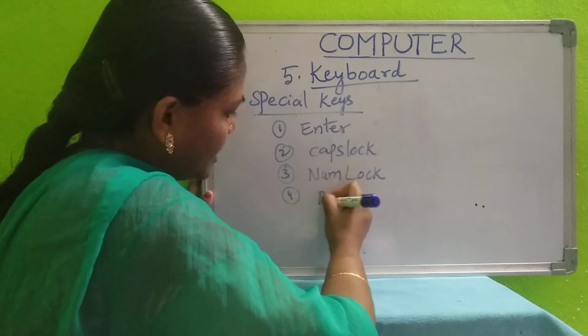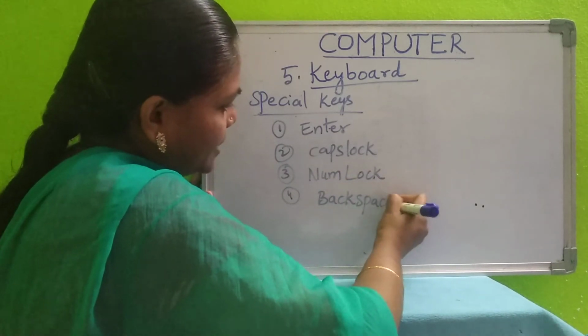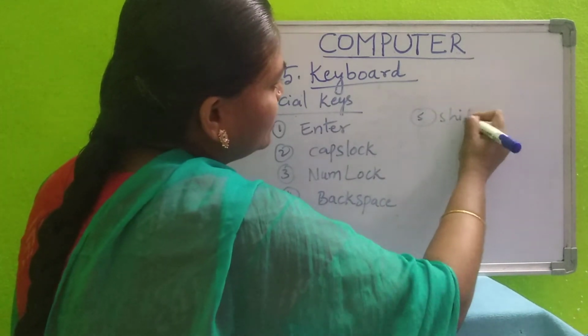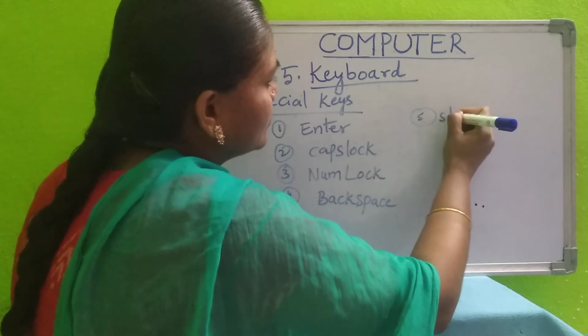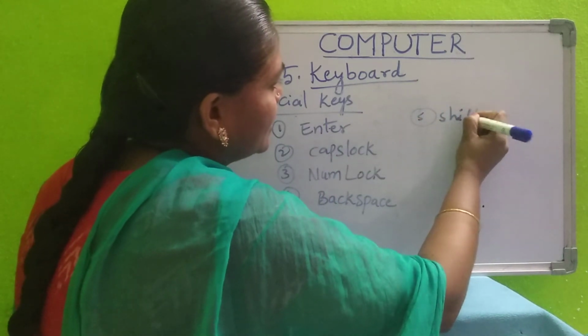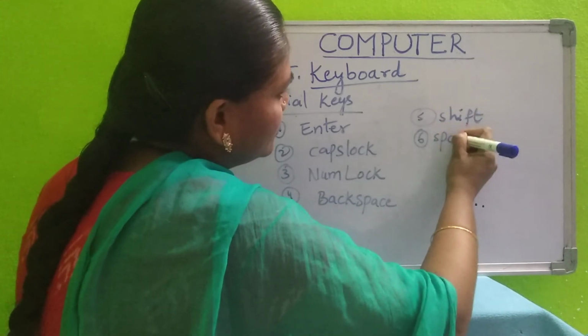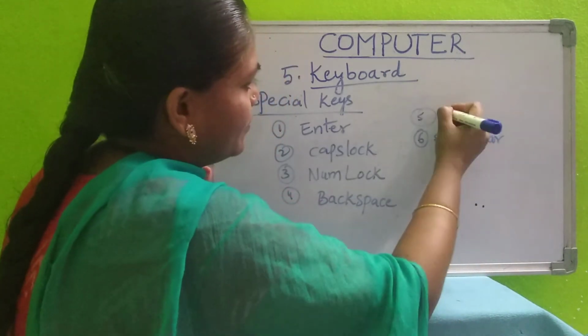Next, backspace key to erase the letters or numbers, and shift key to type capital letters. Next is space bar to give space between words, letters or numbers.